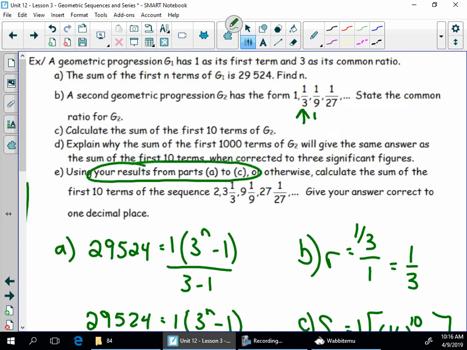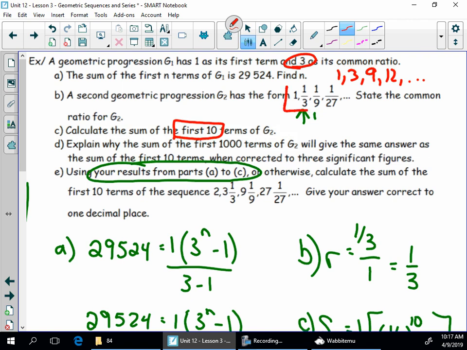Well, if you look at A, it is the sum of the first n terms of G1, and there were 10 of them, right? Now think about that first sequence. What was it? It was 1, then 3, then 9, thinking about the common ratio, then 27, and so on and so on. And in C, they get asked to do the first 10 terms.